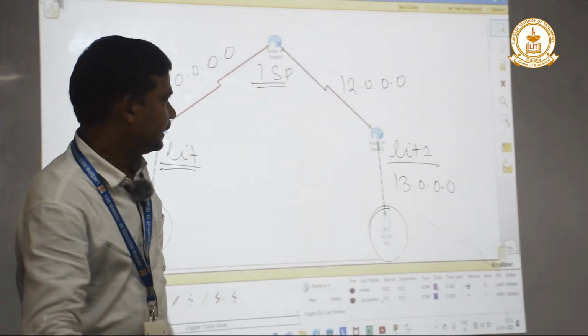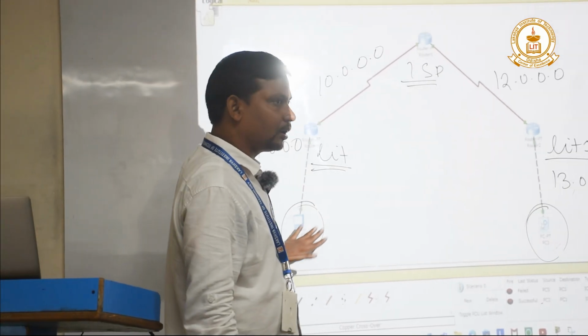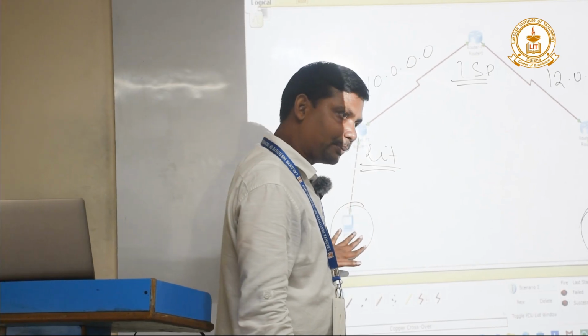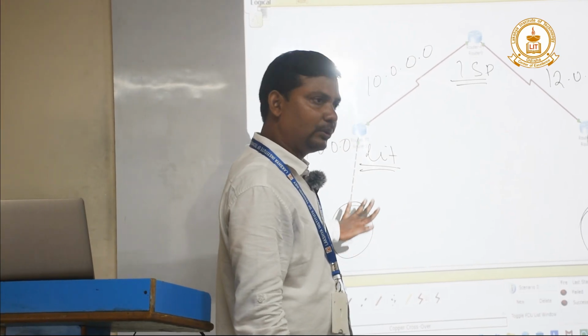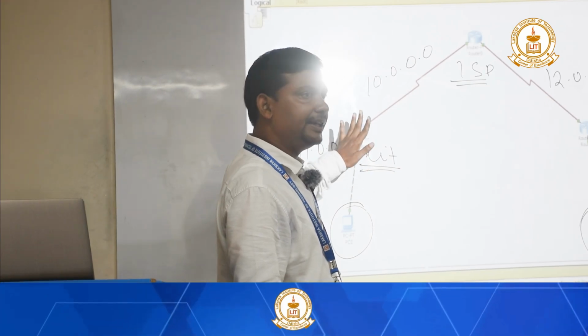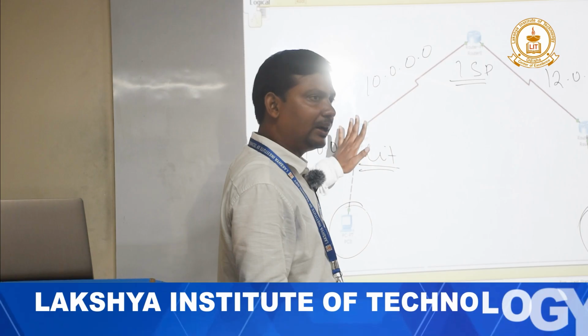So, routing protocol and routed protocol. The protocol used by a computer is known as a routed protocol. IP is a routed protocol. The protocol used by a router is known as a routing protocol. What is a router?